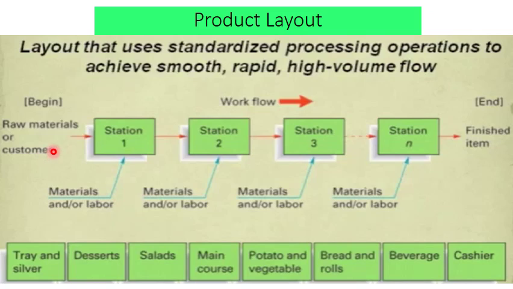When the production or the conversion is continuous, the speed of all these workstations should be the same, in order to reduce the idle time and increase the utilization of all the stations.